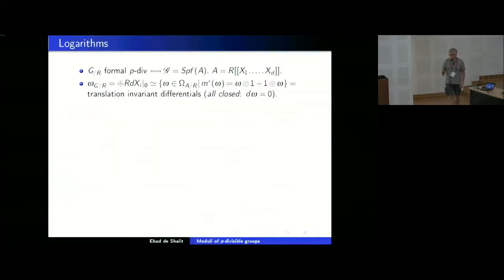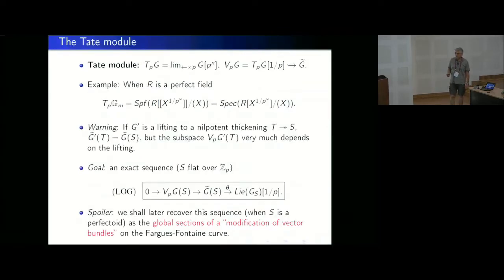So to define this, I have to talk a little bit about logarithms. And again, excuse me if some of you may know it all. It's very similar to the theory of logarithms in Lie groups or in p-adic Lie groups. So any p-adic Lie group has a logarithm from the p-adic Lie group to its Lie algebra.